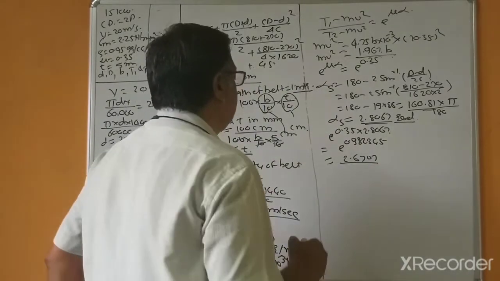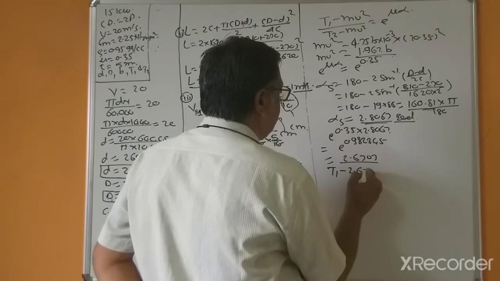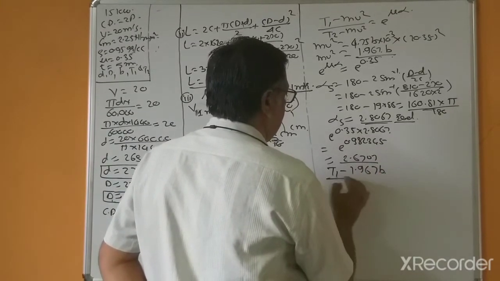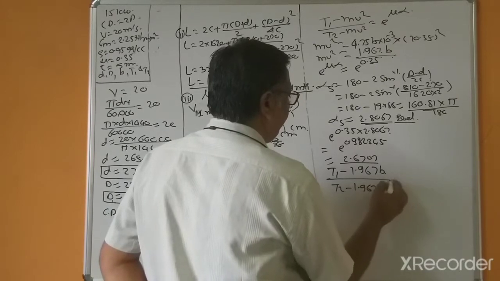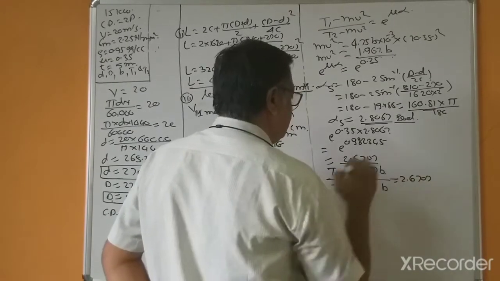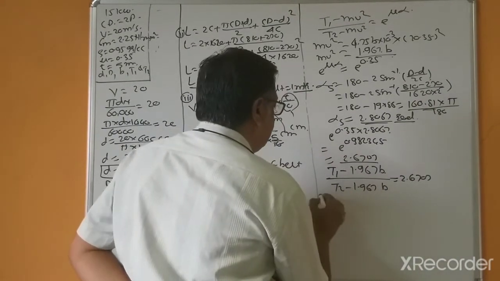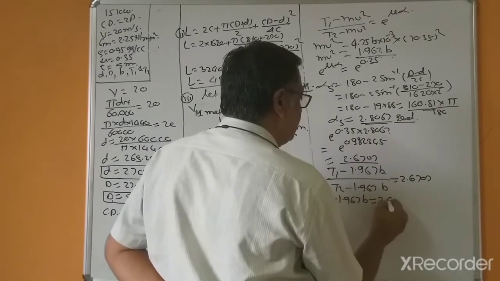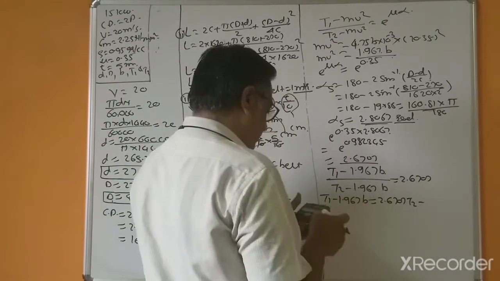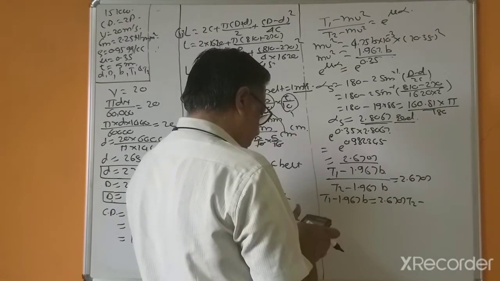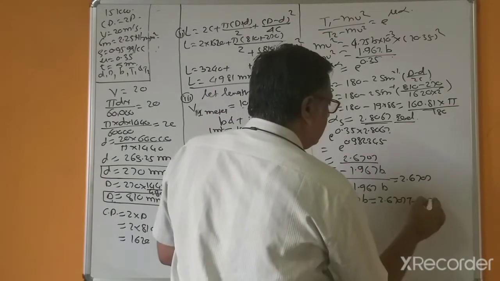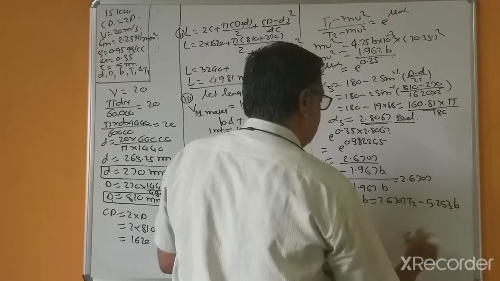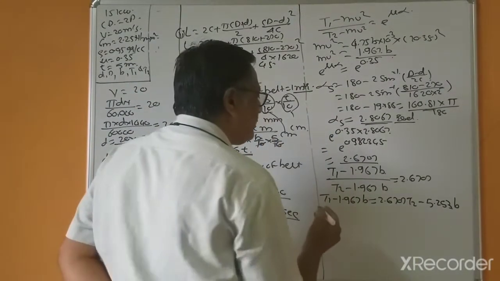Now everything is known, so we can put: (T1 minus 1.967b) divided by (T2 minus 1.967b) equals 2.6707. Multiplying out, T1 minus 1.967b equals 2.6707 T2 minus 2.6707 multiplied by 1.967b, which is 5.253 multiplied by b.